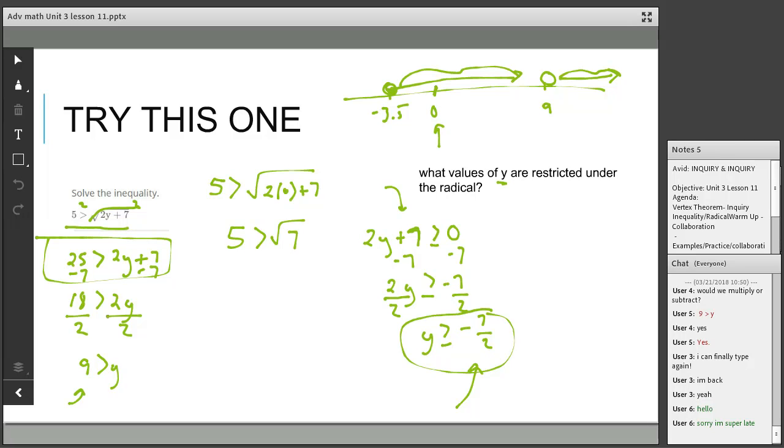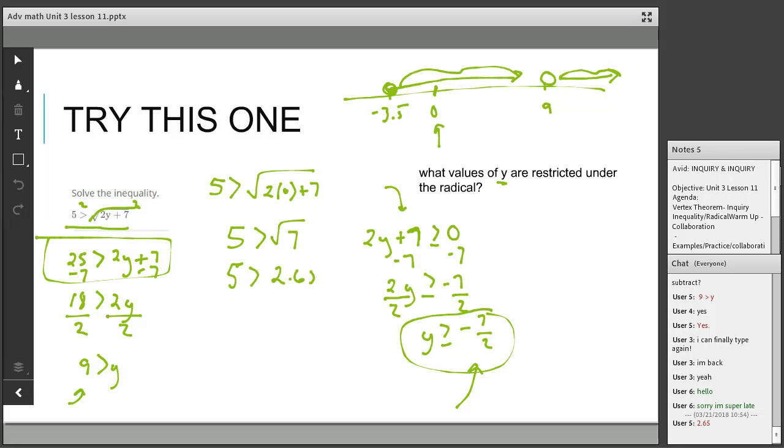What's the square root of 7? 2.65. Okay, so 5 is greater than 2.65. That's a true statement, isn't it?